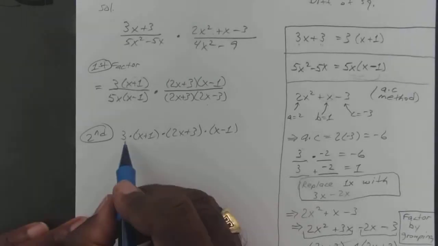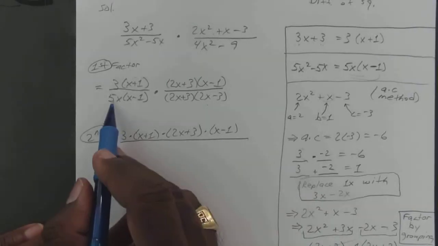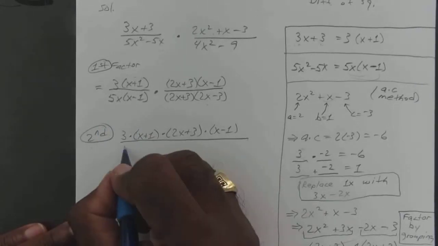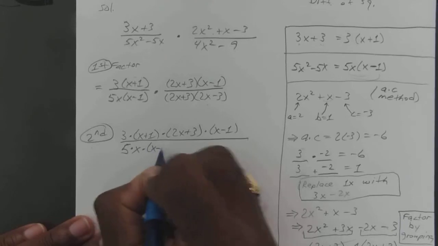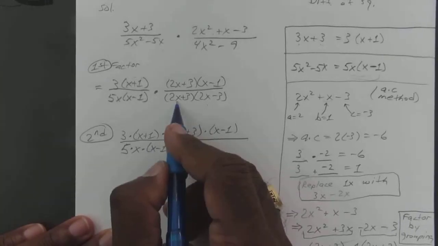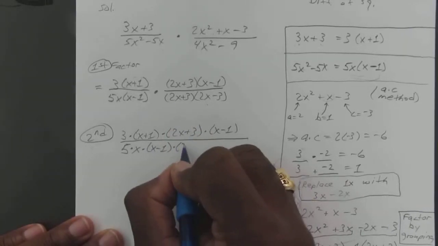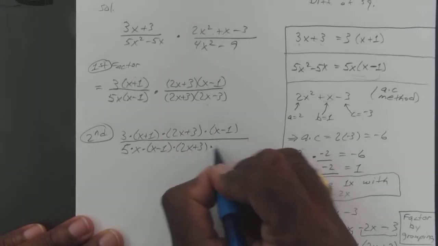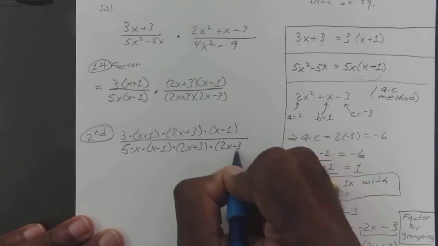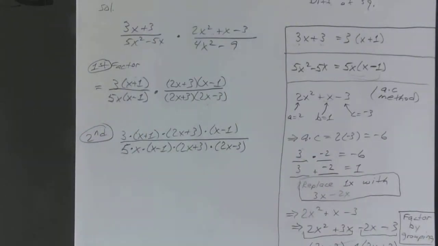You don't need the little multiplication dots, I just kind of put them there. Over 5 times x minus 1 times 2x plus 3 times 2x minus 3.